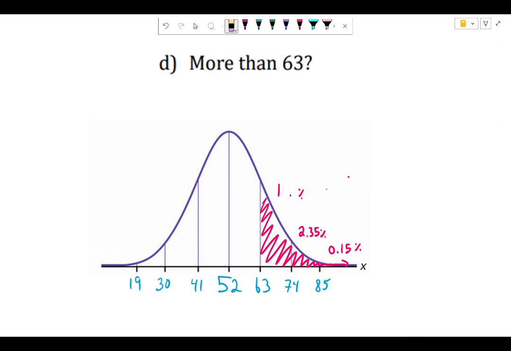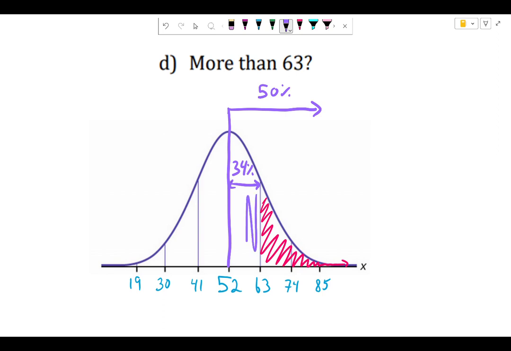Another way that we could look at this is to think of it as what is left over. Since this distribution is symmetric, since it is approximately normal, approximately 50% of the data values are to the right and approximately 50% are to the left. We know that 34% of the data values are within one standard deviation of the mean, 68% in both directions, so 34% in one direction.